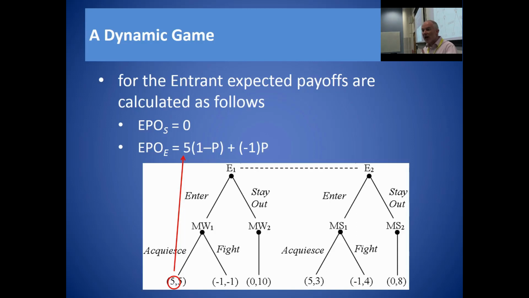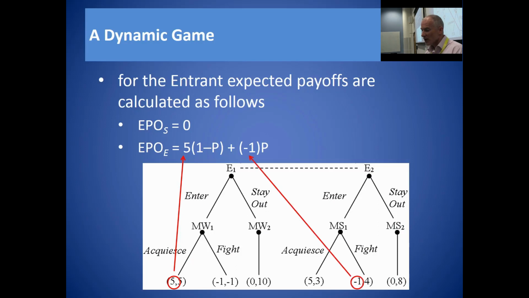It would always acquiesce. Hence, this is our subgame perfect outcome there. So, if the monopolist is weak, market entry will be met by acquiescing, and the entrant will get a payoff of 5. That's our 5 there.